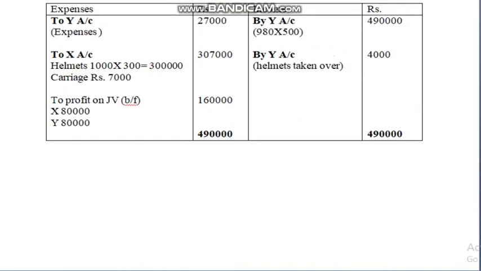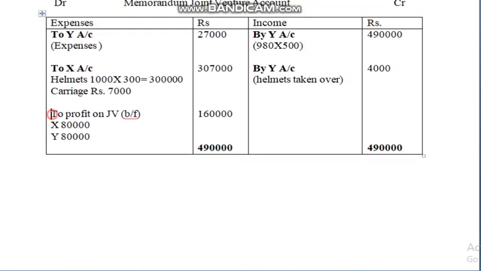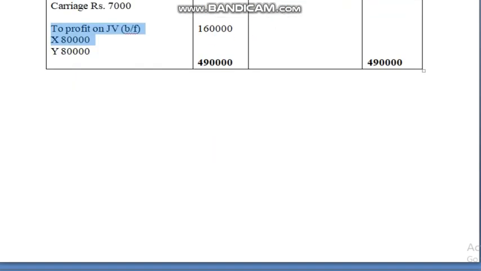Next, the next transaction is relating to profit. In profit, take only the profit of Mr. X because you are preparing the personal account of X. So in that we should record only the transactions of X. So what's the profit of X? 80,000.